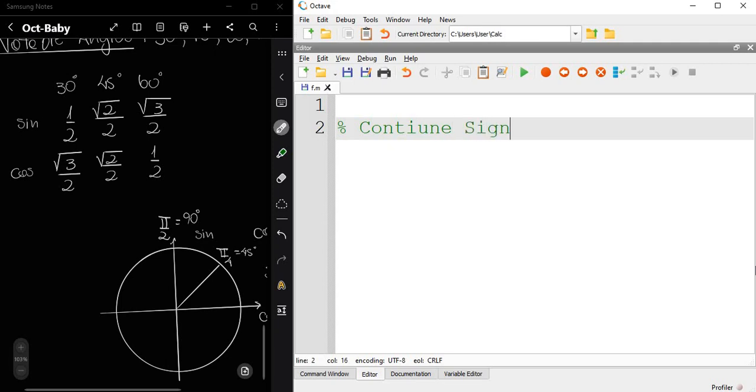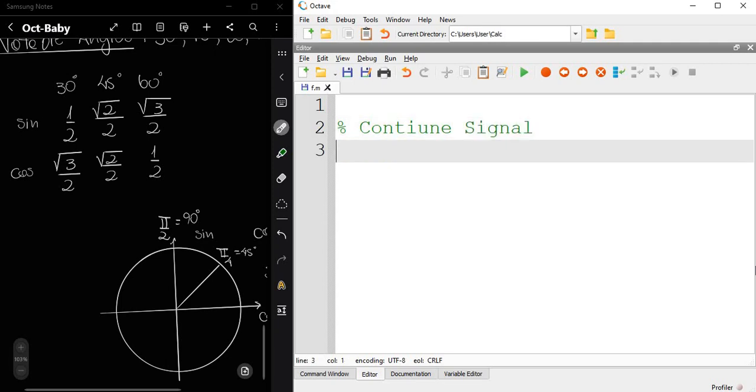Now let's create a vector which starts from 0, the step is 0.01, and it ends at 2 times pi. So this is our time base.